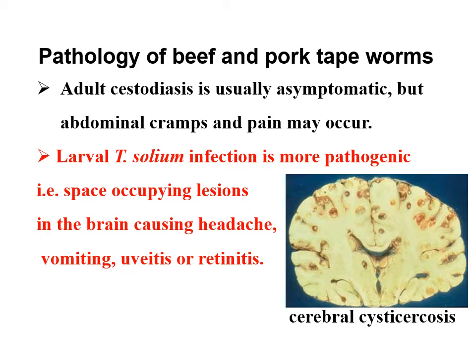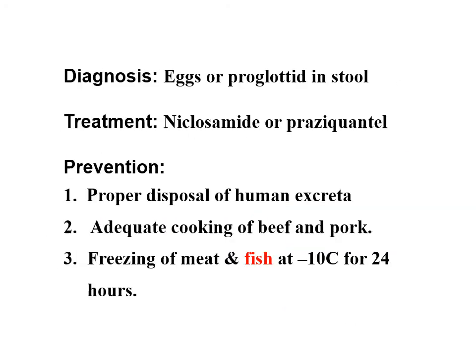If you look to your right, we have cerebral cysticercosis. That is, the cysticerci of Taenia solium are developing in the brain. And it is the most common epilepsy-causing disease, infection of the brain with Taenia solium cysticerci.